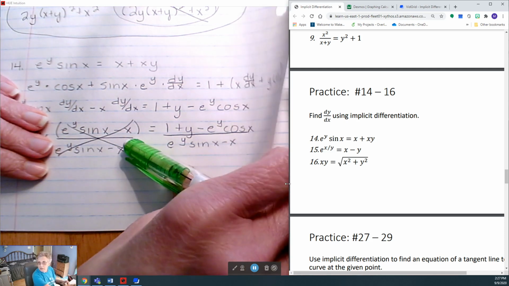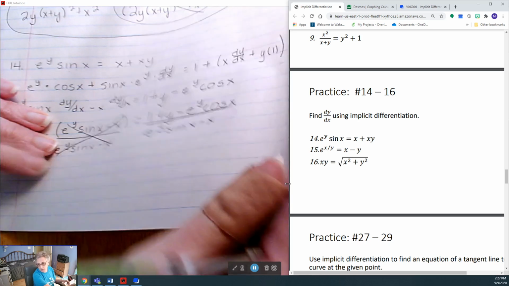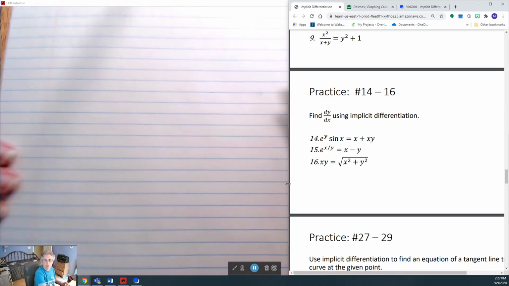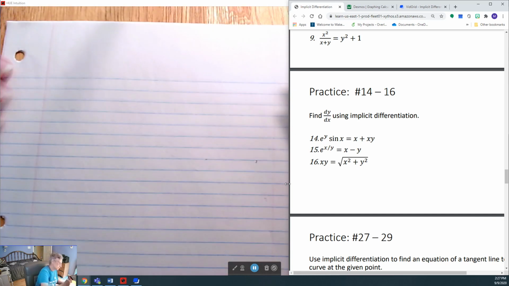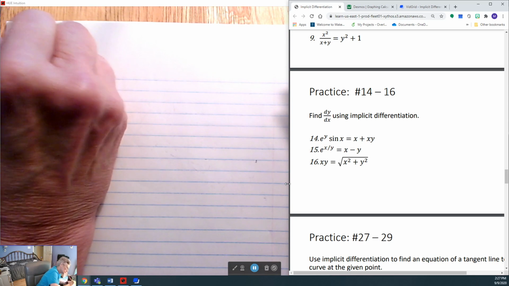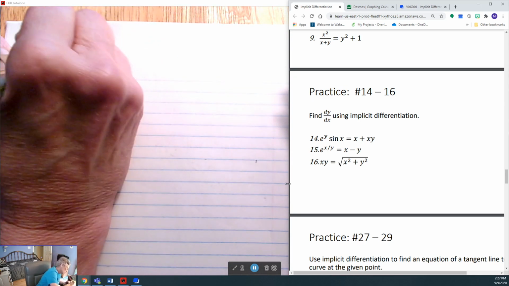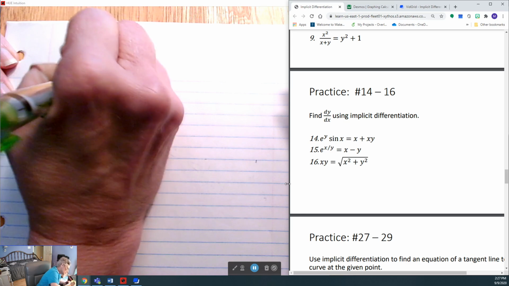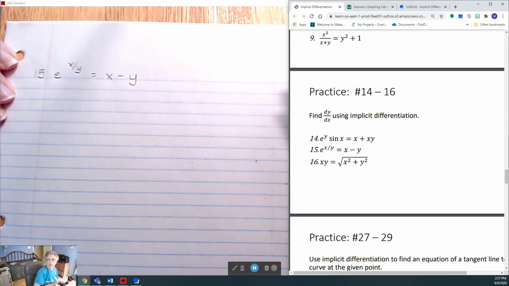Number 15 has an exponential in it with a quotient rule, so we'll do that one. E to the x over y equals x minus y.